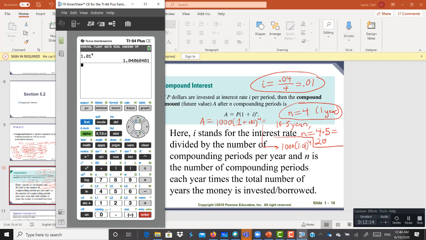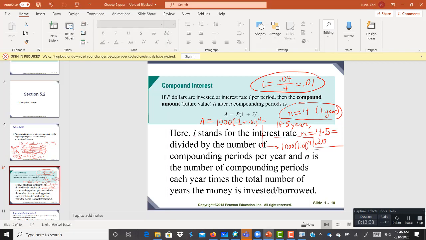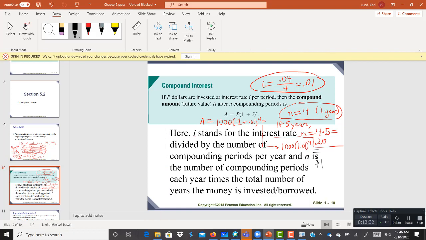So then I just hit times, and that takes my answer times 1,000. We could really just do it by moving the decimal point. And we see that at the end of the year, I have $1,040.60, which is the same answer that we got when we did it by hand 1 year at a time on the previous slide.